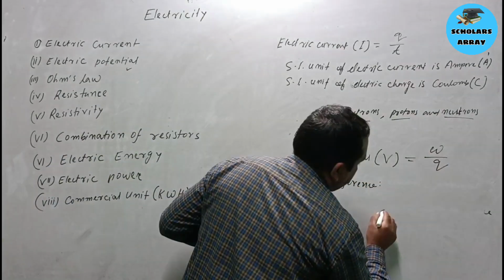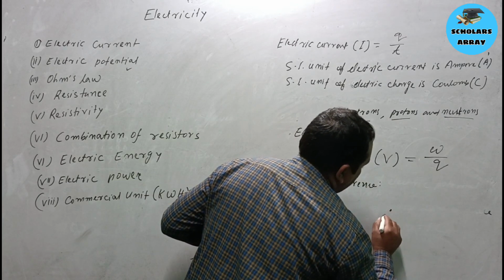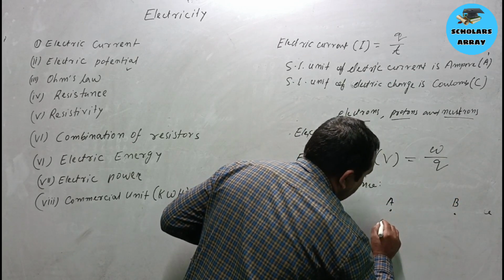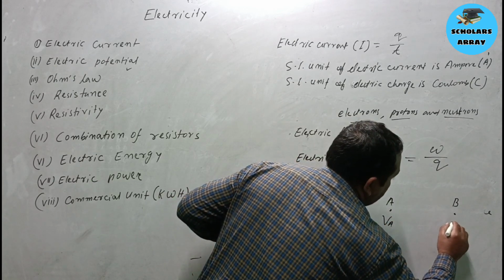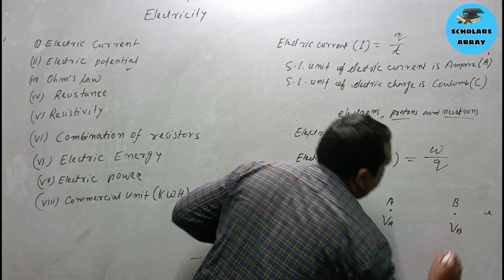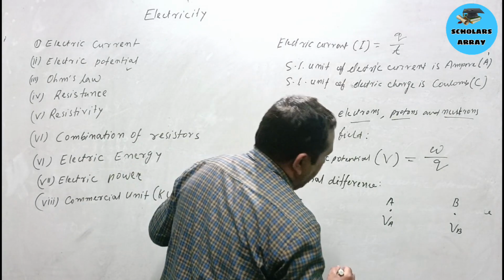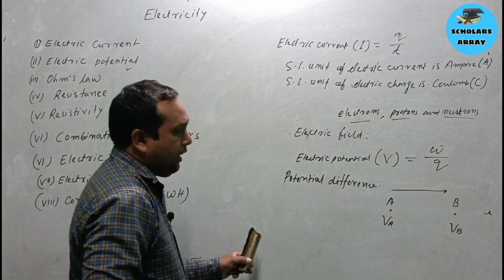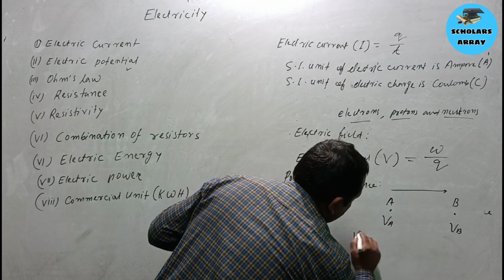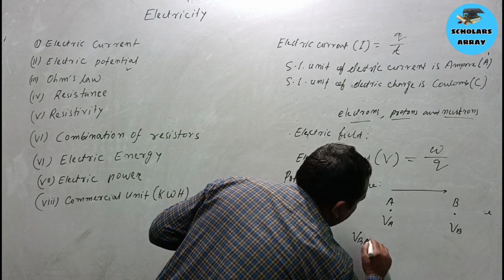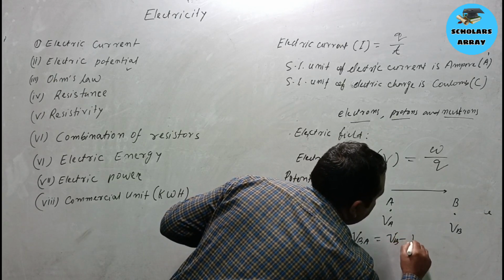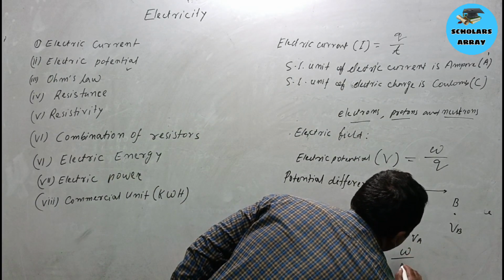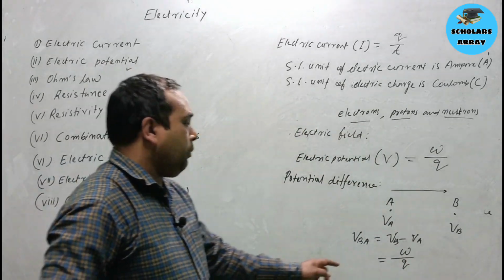Already you have got, say in an electric field a point A and another point B. If the potential at this point is VA and the potential at this point is VB, and we are bringing a unit charge from point A to B, at that time the potential difference between points A and B, that is VAB, will be equal to VB minus VA, which we can write, again in mathematical terms, as W by Q. Now what is this W here?